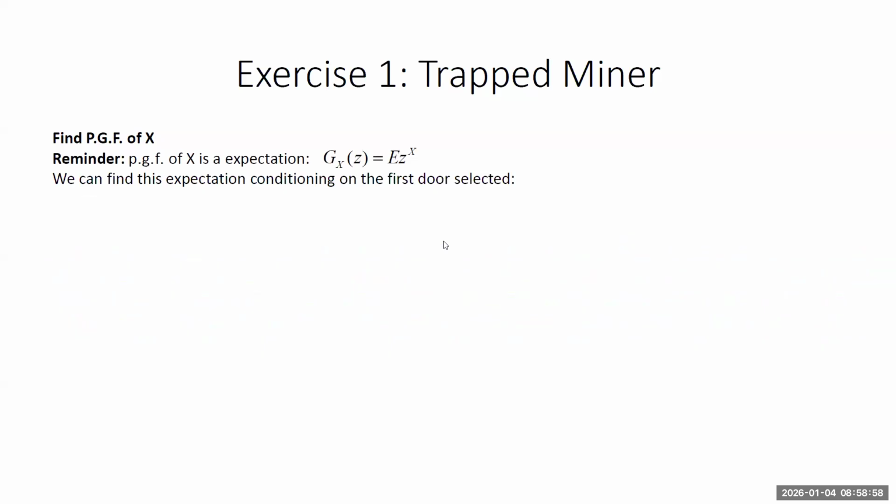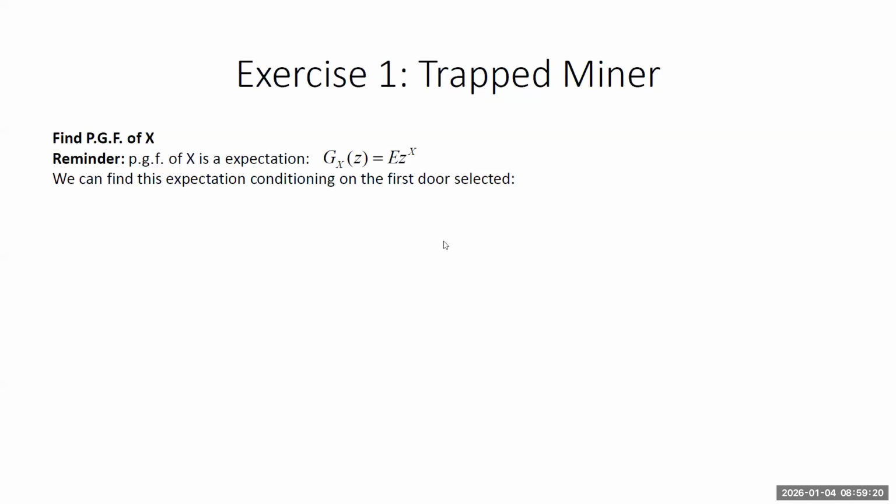Okay, let me explain how we can find the probability generating function of x in this question. Let us find the probability generating function of random variable x. By definition, it equals the expected value of z to the power x. This is the definition of the probability generating function.